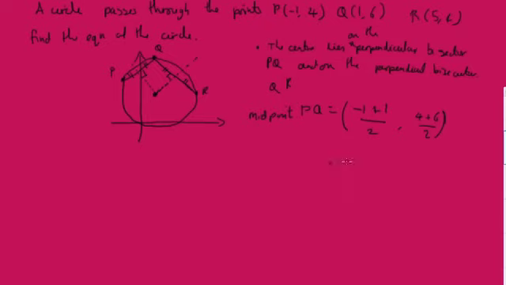So that's going to be 0, 5. And we're also going to find the gradient of PQ. That will be 6 minus 4 over 1 minus minus 1, which will be 1.